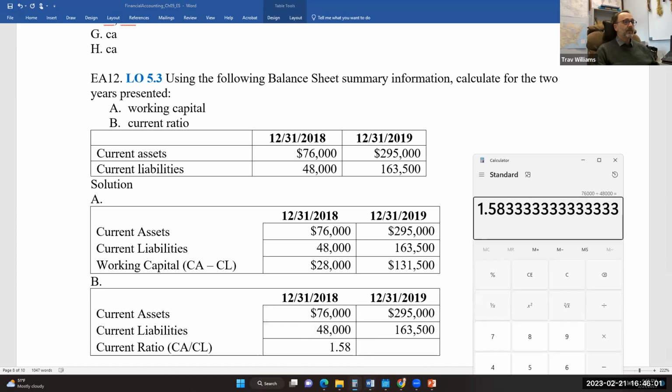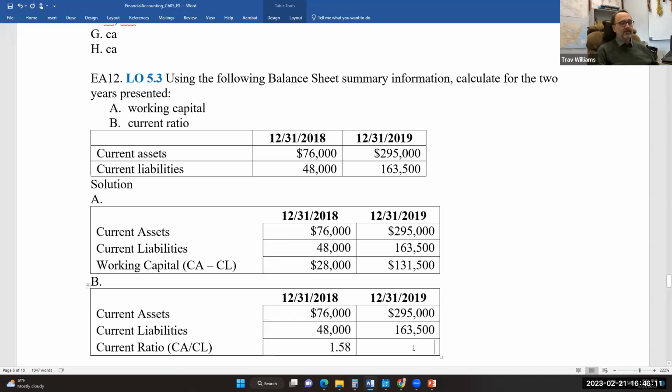And then we do the same thing for 2019. We take current assets divided by current liabilities. Here we get 1.8 or 1.80. Okay, so that shows improvement. The current ratio went up. That means the ratio of assets compared to liabilities increased.